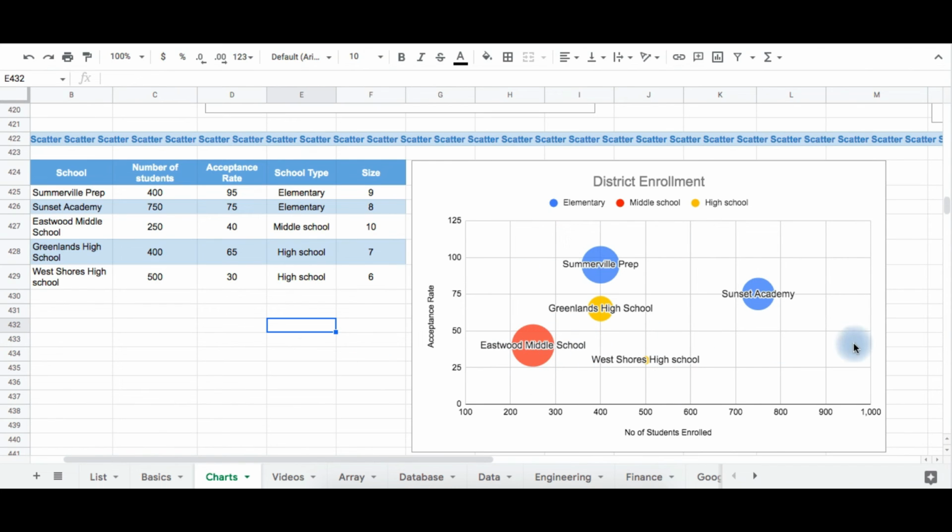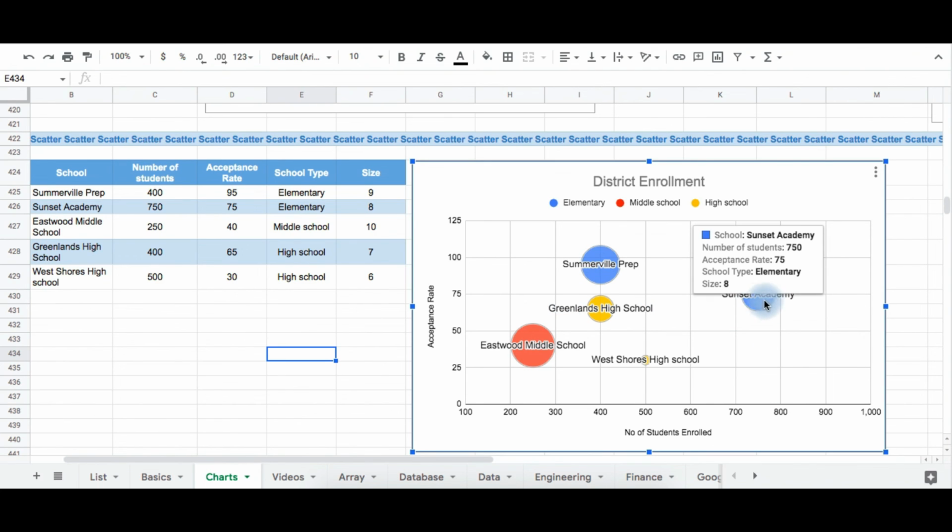So anyways, for this one, the Sunset Academy is here between 700 to 800, and the acceptance rate is 75%. So it's really popular, as well as it has a fairly okay acceptance rate. And then you have Somerville Prep, which is also an elementary school.